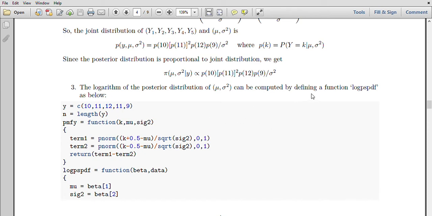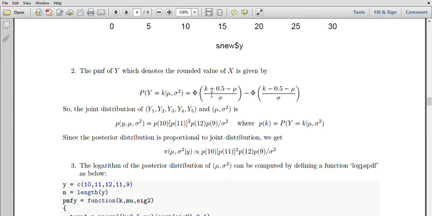For this, we will first need a function to compute the conditional PMF of y. So let us first store these values in y, then n will be the length of y. Now the function PMF y computes this value: standard normal CDF at point (k plus 0.5 minus mu) by sigma minus standard normal CDF at point (k minus 0.5 minus mu) by sigma.